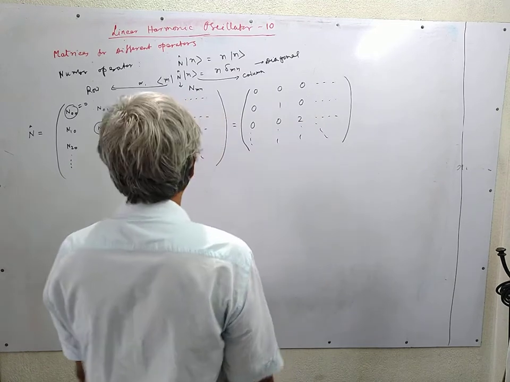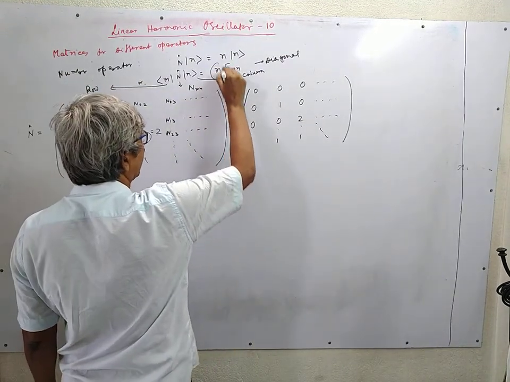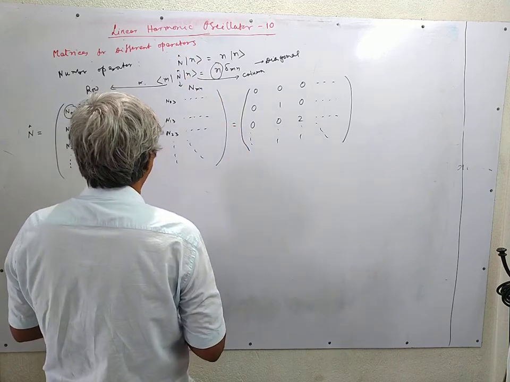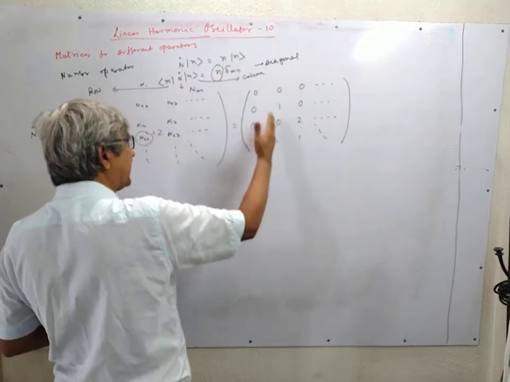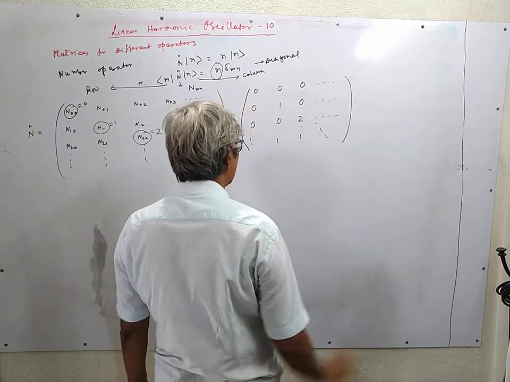Since there is no restriction on the n values, that is, a system can have any number of photons, this matrix extends up to infinity along its row and its column.